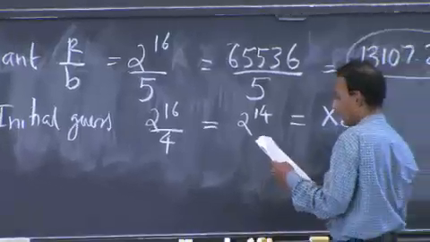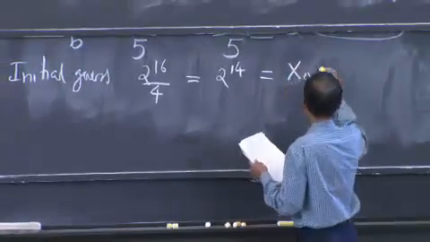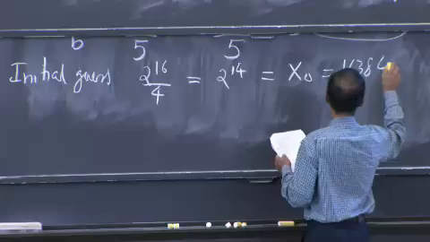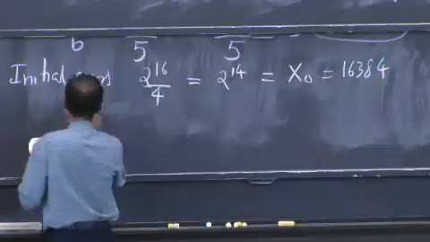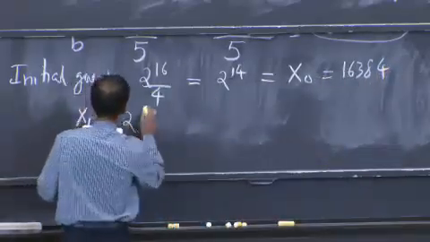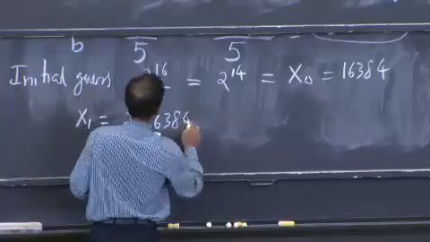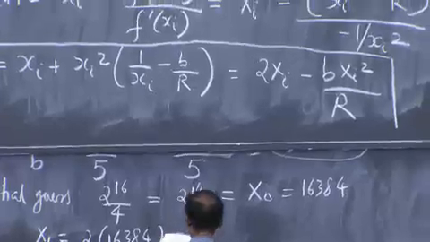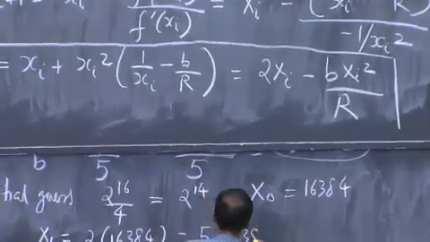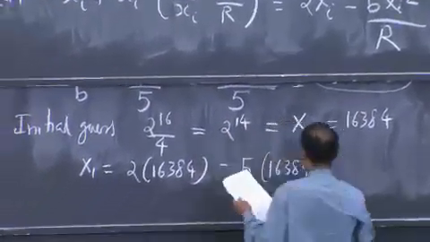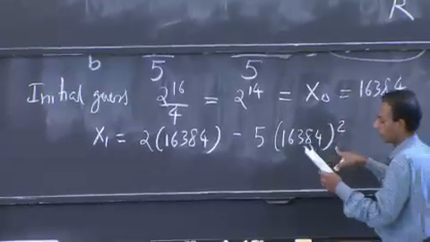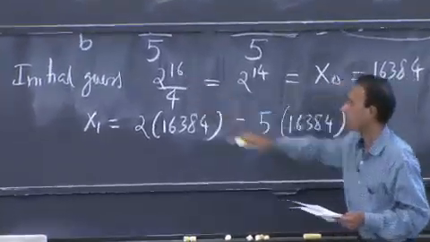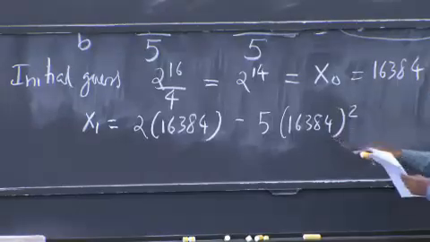That is x0, and that is 16384. x1 is going to be 2 times 16384, minus 5 times 16384 squared. So now you're starting to square a fairly big number, and obviously if you started with an even bigger r, this would be a large number.